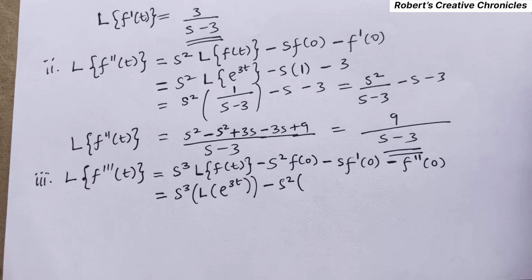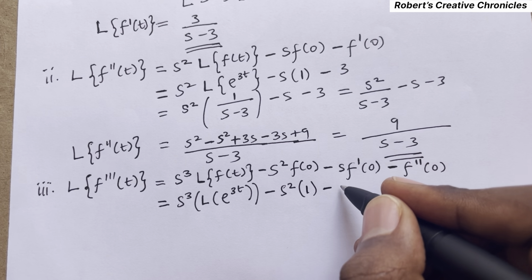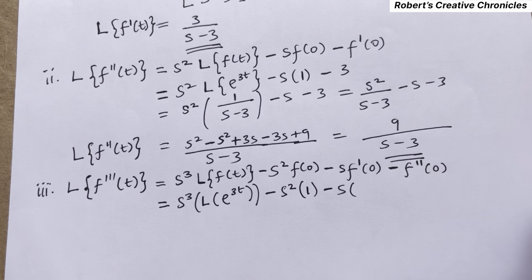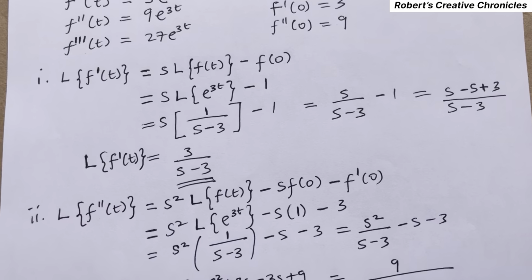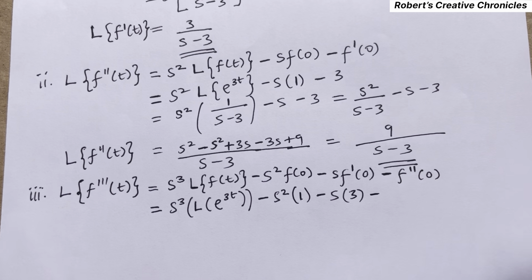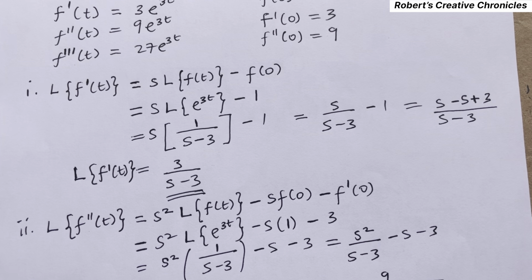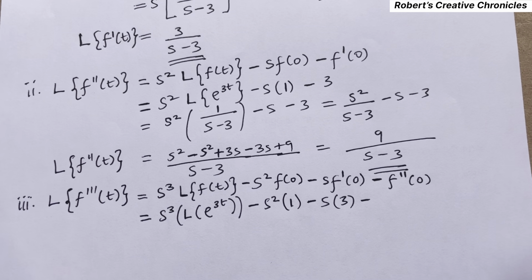Is 1. So this is 1, minus s, then f prime 0 is what? Is 3. Then the last one, f prime prime 0 is what? F prime prime 0 is 9.